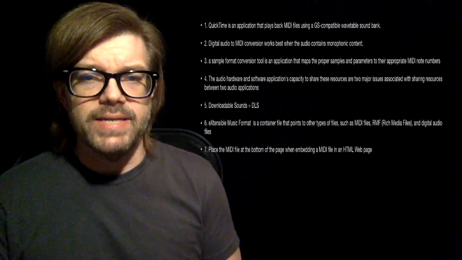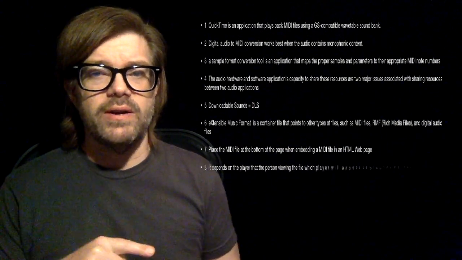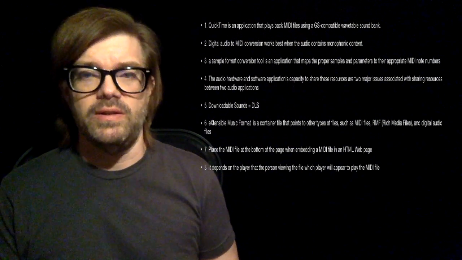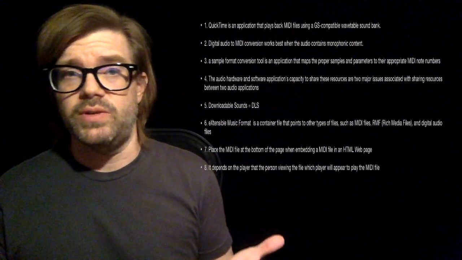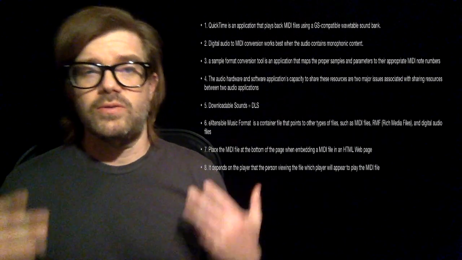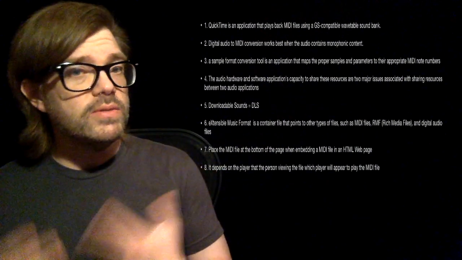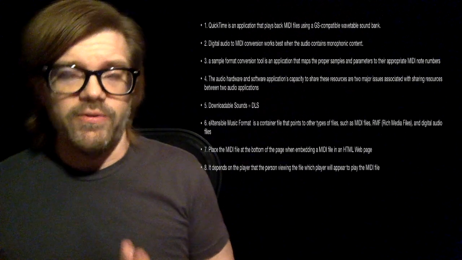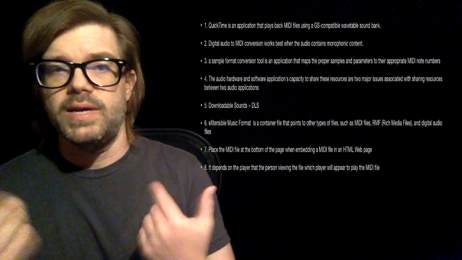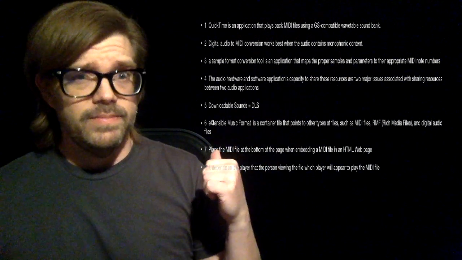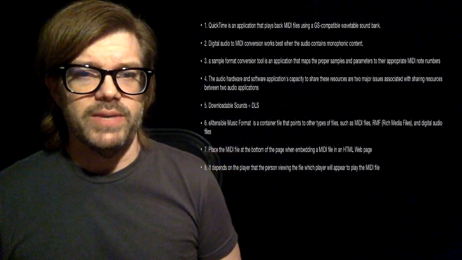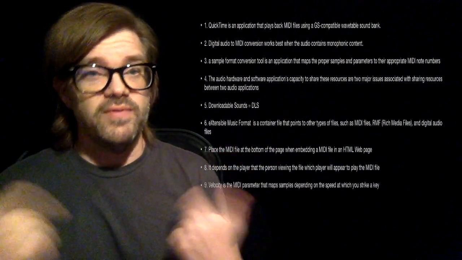All right, and it does depend on the player that the person viewing the file uses as to which player is going to play back the MIDI. So it's going to be different for different computers, different sound banks. Whatever you have set up on your computer, that's what's going to play, right, for the website that we were just talking about. It's going to depend on the person viewing it.